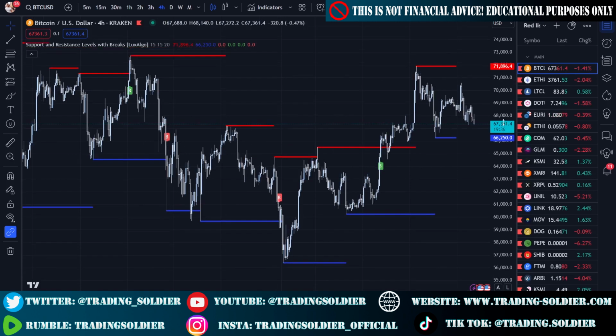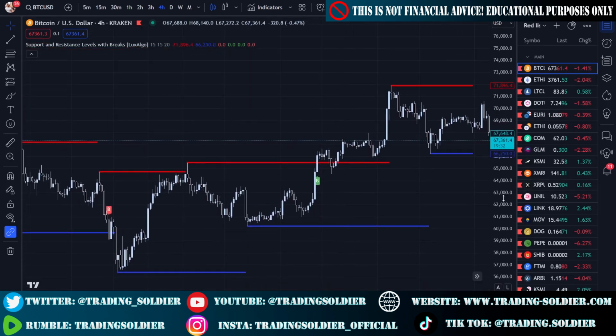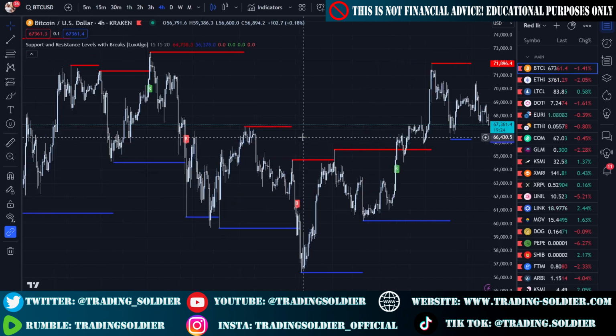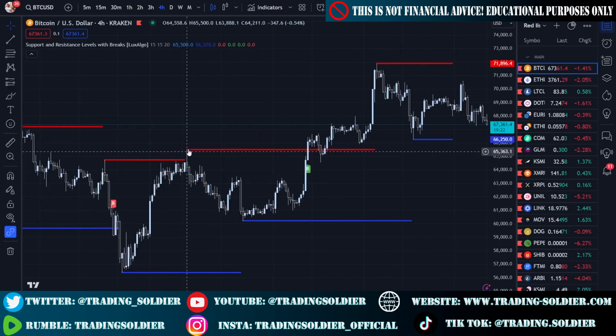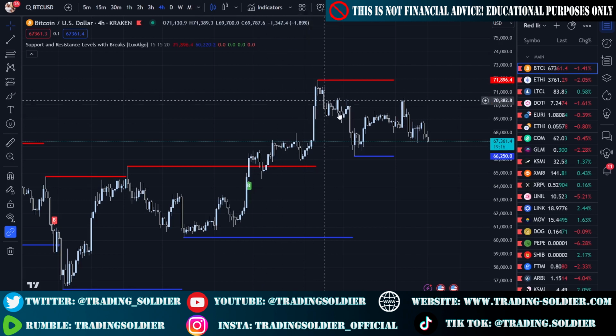So, if you ask me, from my experience, this indicator is not really displaying support and resistance levels, as I understand them from a price action standpoint. This indicator is mostly displaying the last swing highs and last swing lows that the price has made in an asset in a time frame.